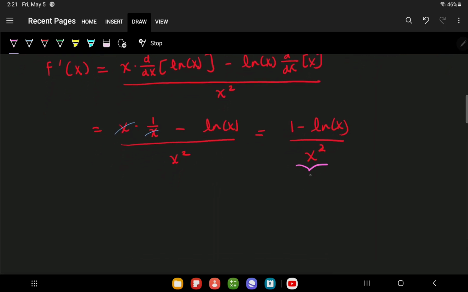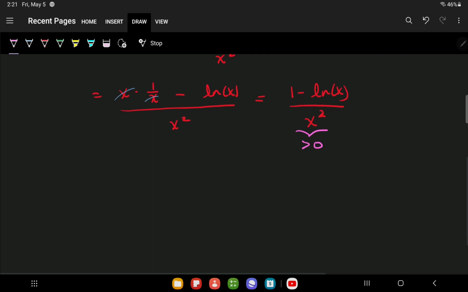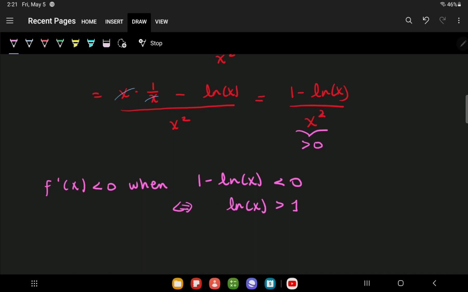Guess what we notice? The denominator is always going to be positive, because it's a square term. So f prime of x is less than 0 only when the numerator is less than 0. The numerator is less than 0 if natural log of x is greater than 1.